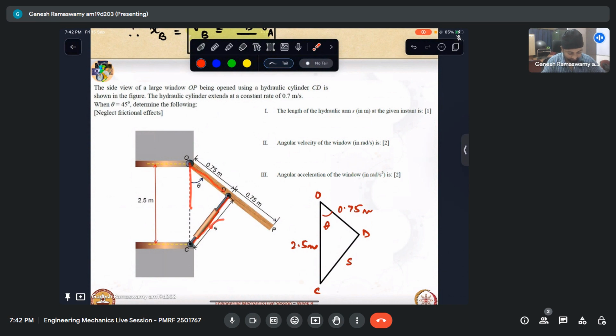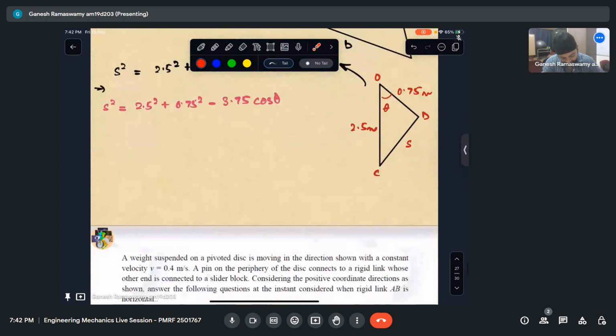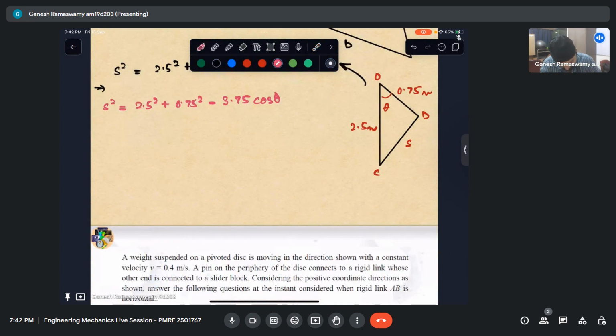So we can clearly see from here that S squared, at theta equal to 45, will be 2.5 squared plus 0.75 squared minus 3.75 into cos 45. So this comes out to be 4.1608, or S comes out to be the root of this, which is 2.039.